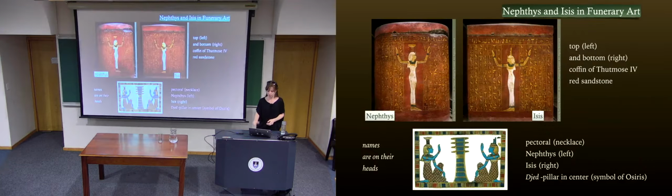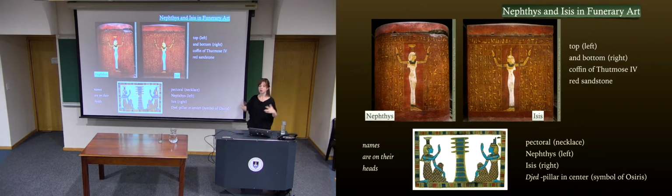Okay, so here are a couple more pictures of the role of Nephthys and Isis in funerary ritual. On the top are two ends of a coffin of Tammuz the Fourth, and you can see that Nephthys is at the head and Isis is at the foot, and this is very common on elaborately decorated coffins.